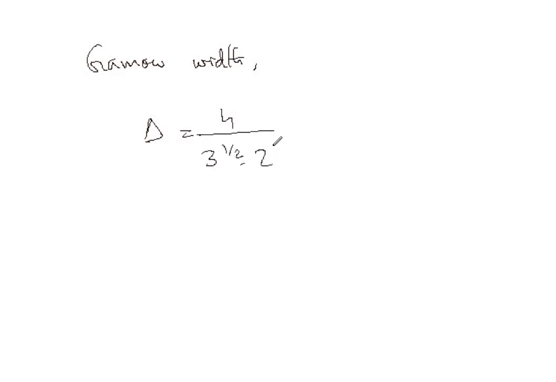So the gamma width is the delta, which is given by this value: 3 to the power half into 2 to the power 1 by 3 into Eg to the power 1 by 6 into kBT to the power 5 by 6.